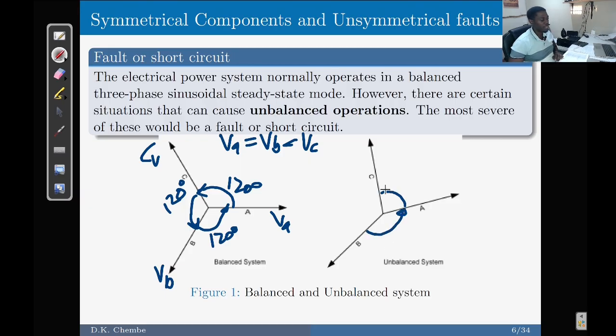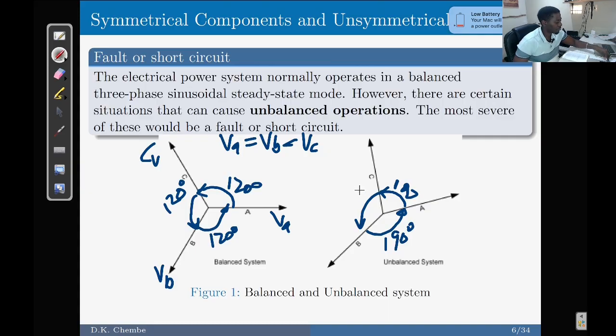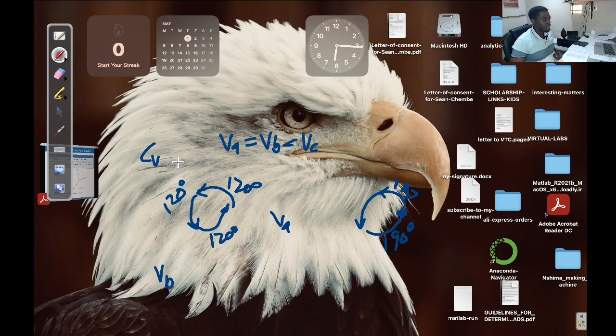So you may have a smaller phase angle here, for instance. As you can see, this is an angle that is way beyond 120 degrees. So this can be maybe 190 degrees. This can be 100. Differences in phase angles are one of the indicators of imbalances in the system.